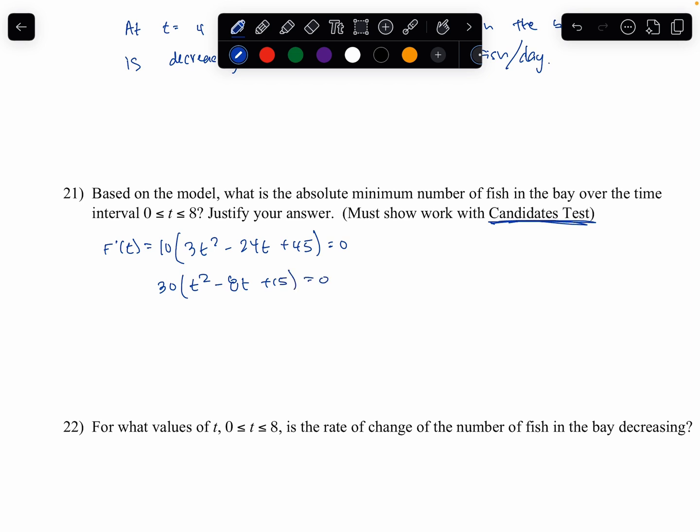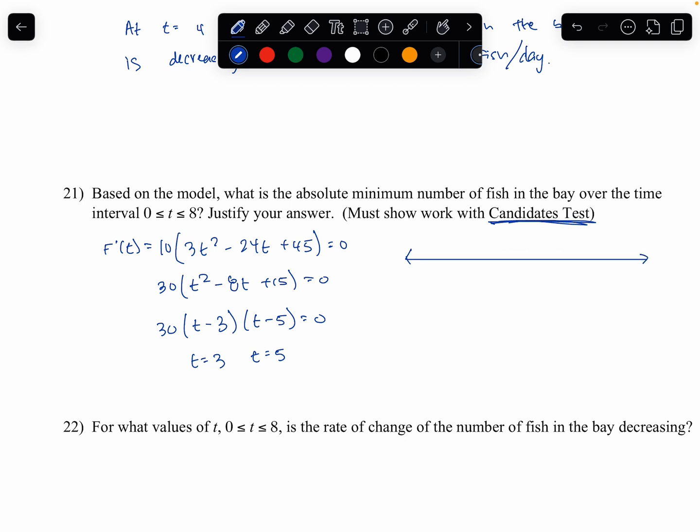And then I'm going to find what makes it equal to 0. I'm going to factor it first. So t minus 3 and t minus 5, I believe. So at t equals 3 and at t equals 5. Okay, and then we'll have our number line.